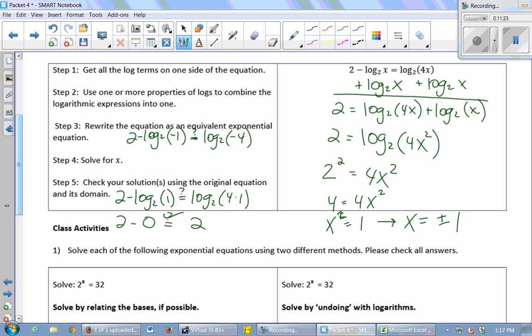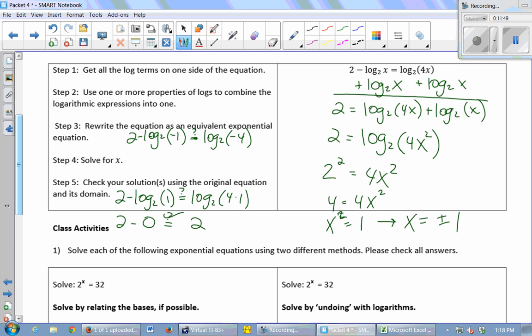If I was going to say that another way, what power do I put on a 2 so that the answer is negative 1? 2 to what power makes negative 1? There's a reason you're all silent and can't think of anything, right? There is no power you can raise 2 to make a negative 1.